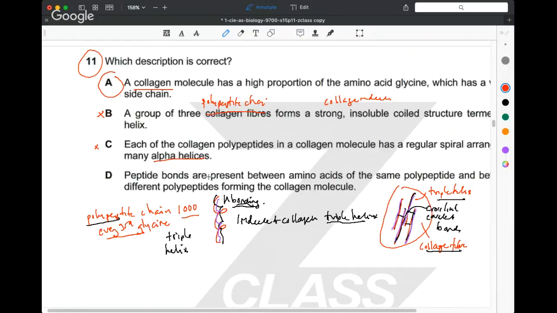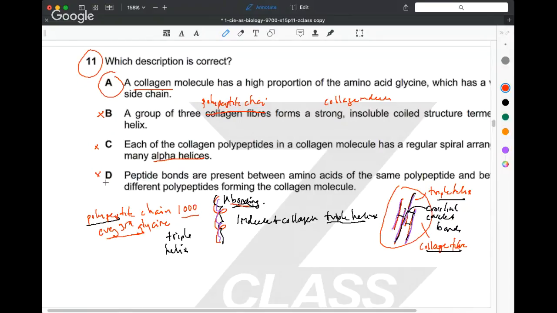And it says here that peptide bonds are present between the amino acids of the same polypeptide and between different polypeptides in the collagen molecule. Well, can you remember here that these polypeptide chains are being held together by hydrogen bonding? It's only when you put the many triple helices together in a collagen fiber do you join the individual triple helices with these crosslinks to form the collagen fiber. So these bonds are present in the collagen fiber, not in the collagen molecule.